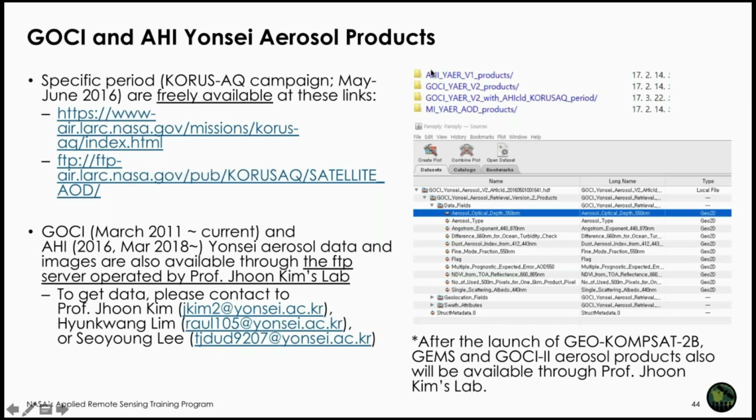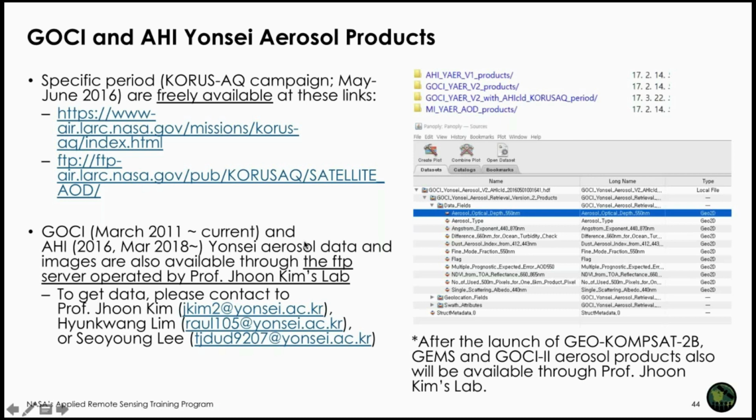You can check these folders on the FTP homepage for AHI and GOCI. The GOCI data start from March 2011 to the current, and AHI is available for 2016 and from March this year until now.